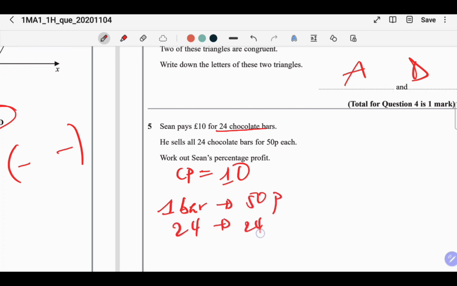You just got to do 24 times 50. So I'm going to ignore the 0 and work out 24 times 5 real quick. That'll be 20, 10. So that gives us 120. Then I put back the 0, so the answer is 1200p. And keep in mind, that is equivalent to £12.